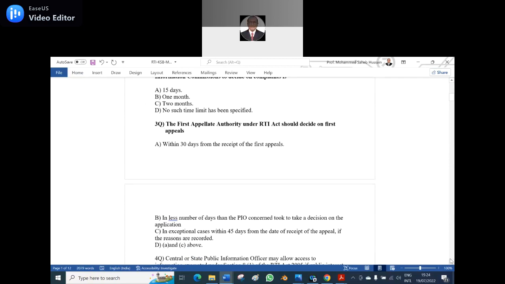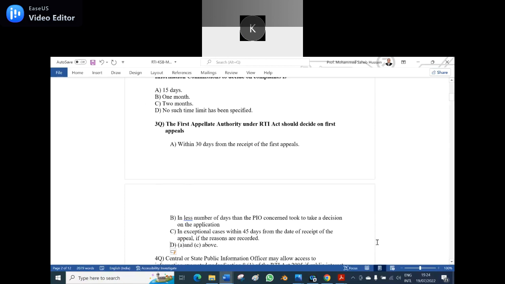Okay, sir. Third question. The first appellate authority under the RTI Act should decide on first appeals A. within 30 days from the receipt of first appeals, B. in fewer days than the PIO concerned took to decide on the application, C. in exceptional cases, within 45 days from the date of receipt of the appeal, if the reasons are recorded, D. A and C above.